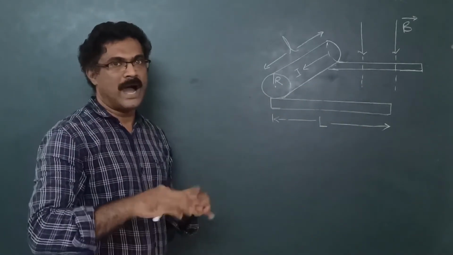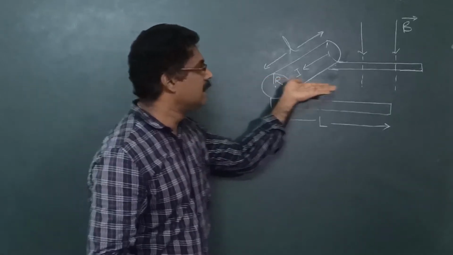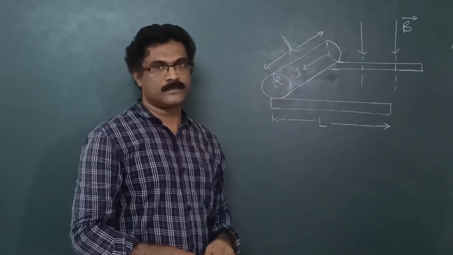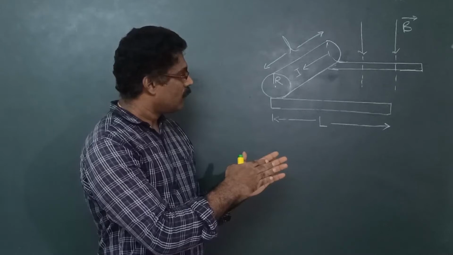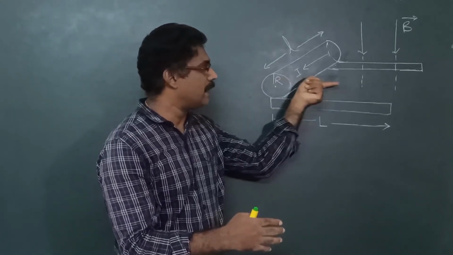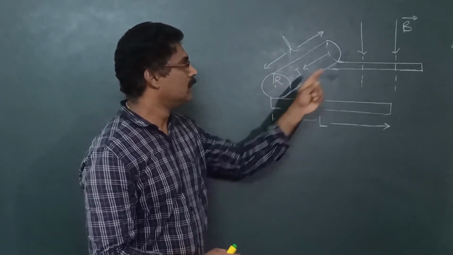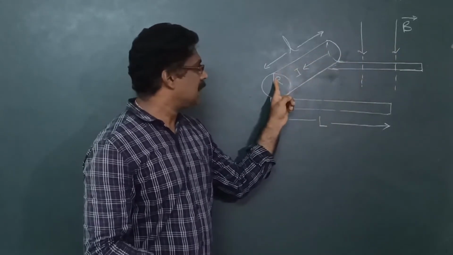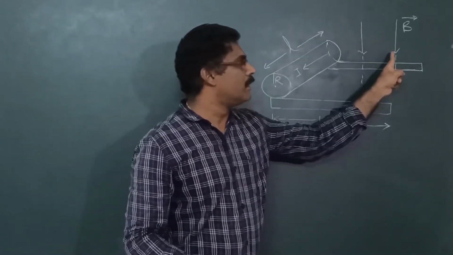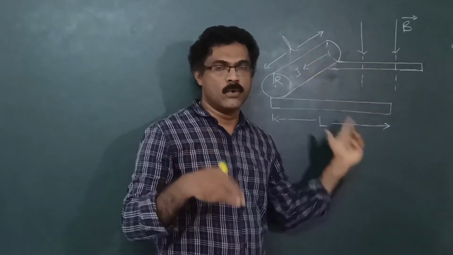So first you have to analyze what is the force acting in this direction. Okay, so there is a chance of a force in this direction because of this magnetic field. This is a current carrying conductor placed in the magnetic field, so there is a force.